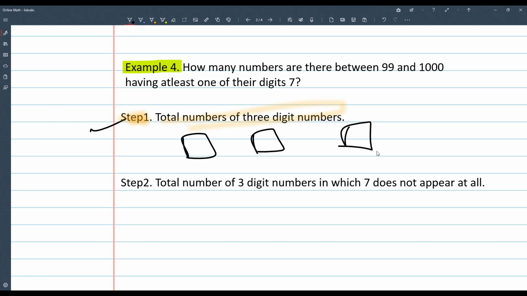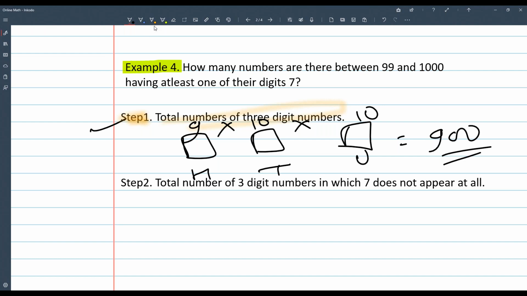So how will we count 3-digit numbers? Units place, tens place and hundreds place. The hundreds place cannot start with 0, so we have only 9 choices. But for the tens place, we have all 10 choices, and for the units place also we have all 10 choices. So how many such 3-digit numbers are possible? There are 900.